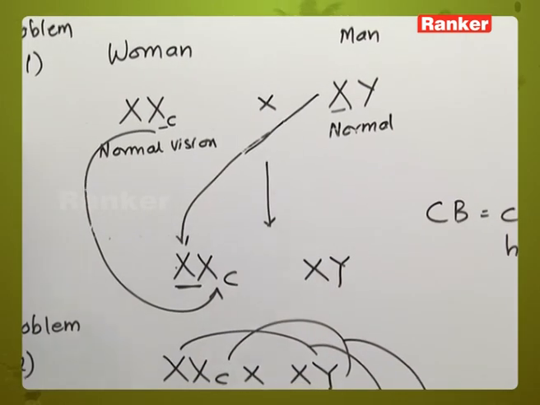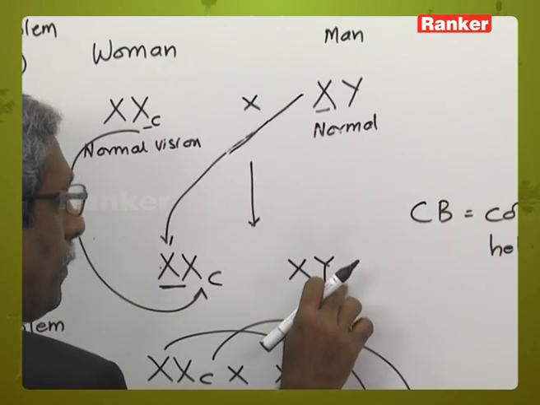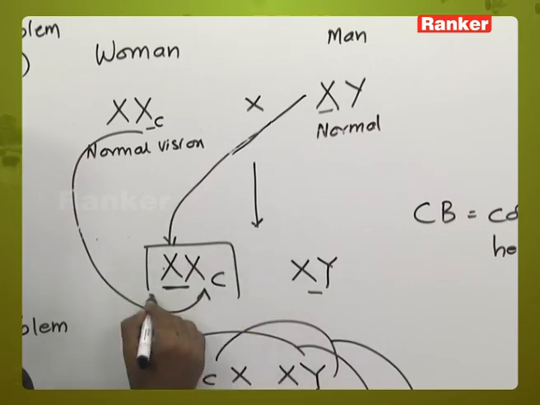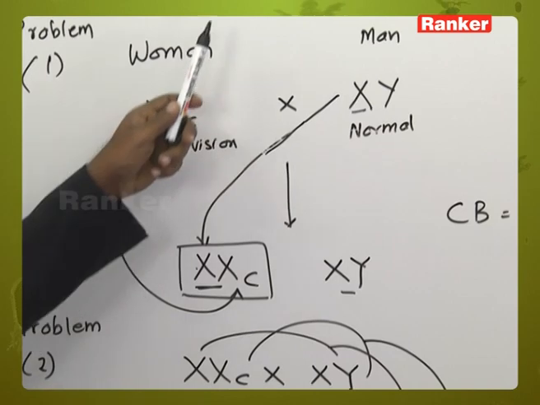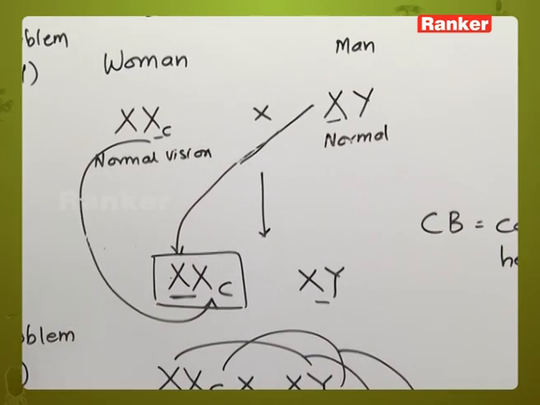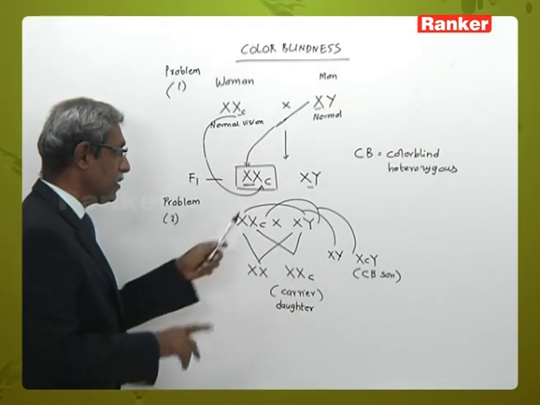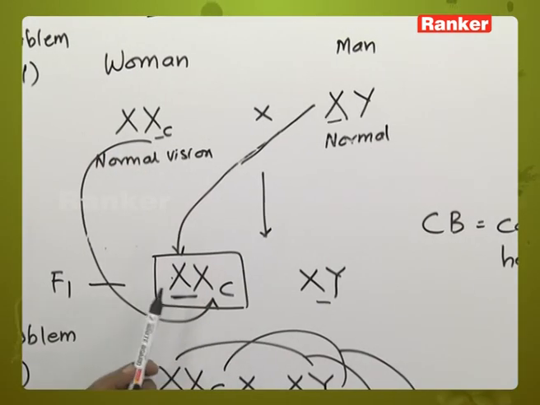Thereby we understand that the XY is a normal person, whereas XXC, the females, are female carriers. So a problem could ask you how is the inheritance pattern with relation to color blindness in any particular woman, and what is the situation in the F1, or in the daughters.